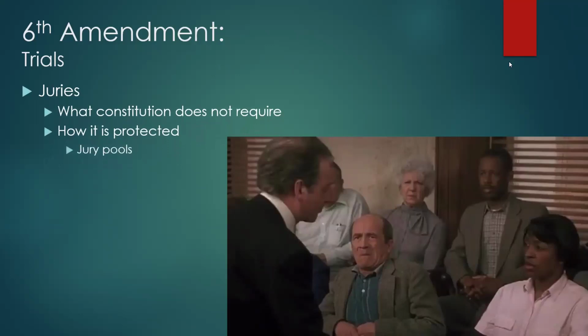Well, first you start with how citizens are called to serve on a jury. The jury pools, like what group of people are jurors drawn from? That's called the jury pool. And the way that's protected in our legal system is that they're selected randomly from public records.